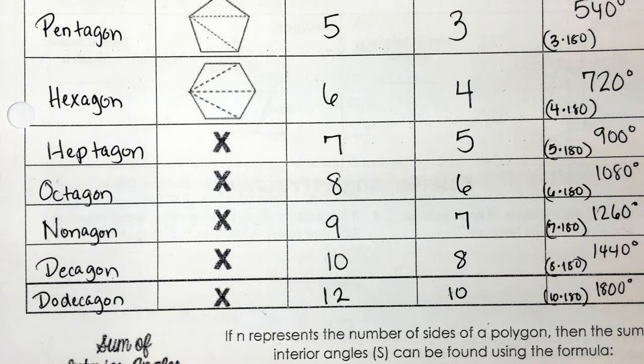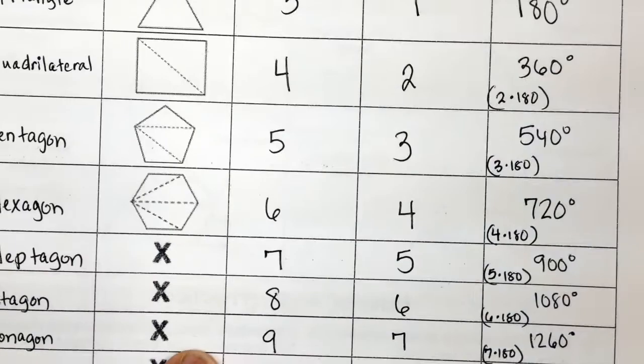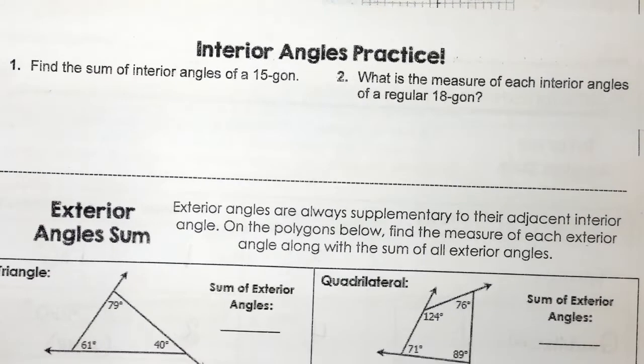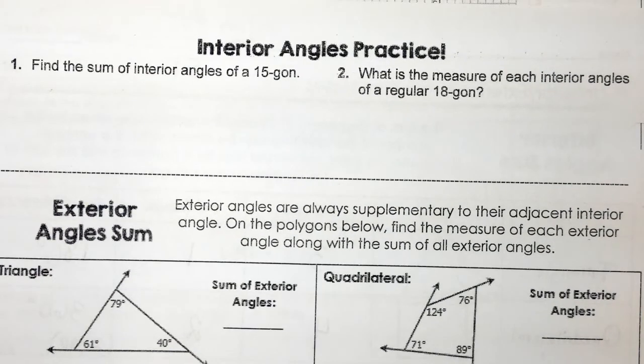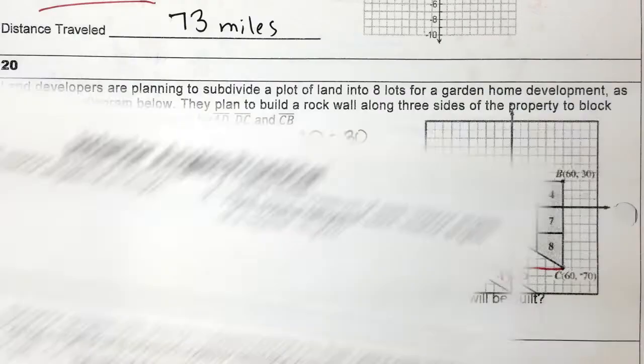We'll just start using numbers, literally. Even if you look on the back of these notes at the top, number 1, we call it a 15-gon. Number 2, we call it an 18-gon. At a certain point, we'll just literally put the number there and put gon afterwards. We're not going to sit there and try to do all the names for all these figures. I don't even know all of them.